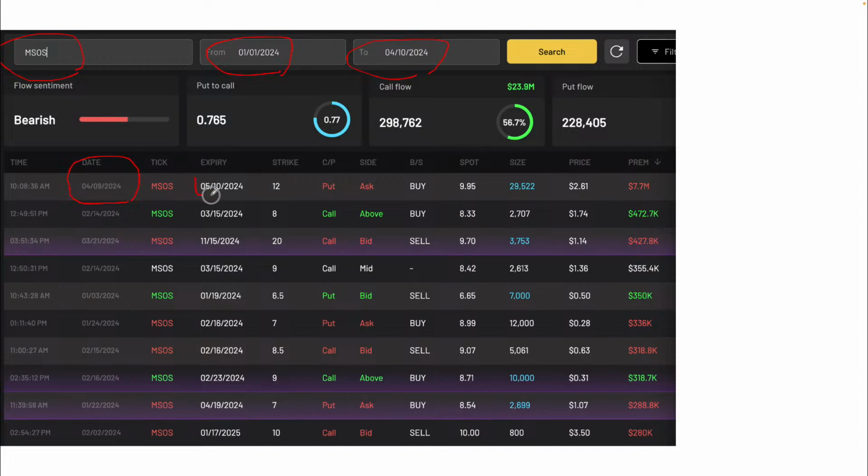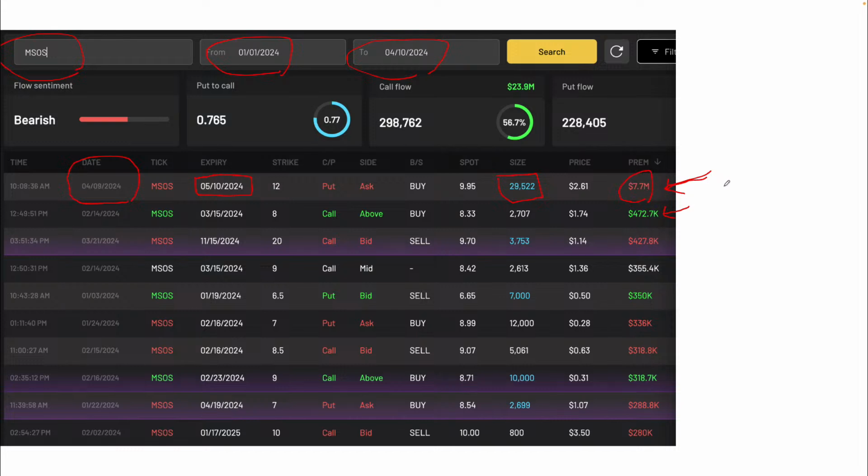It was done in the May expiration, and somebody traded 29,522 option contracts for a grand total of 7.7 million smackers. This is the premium traded all year. Second was a $472,000 trade. Can you see why this is such a big trade, guys?